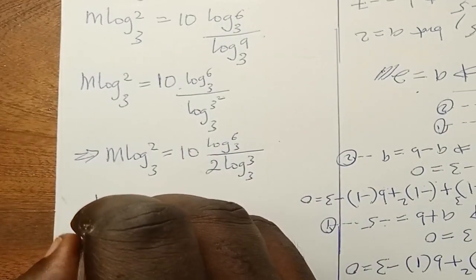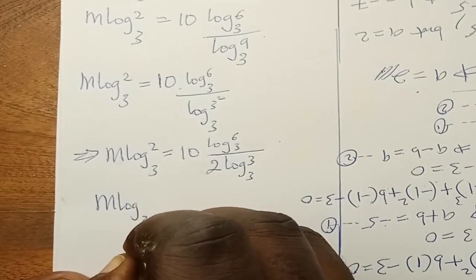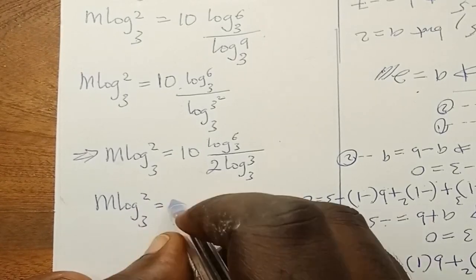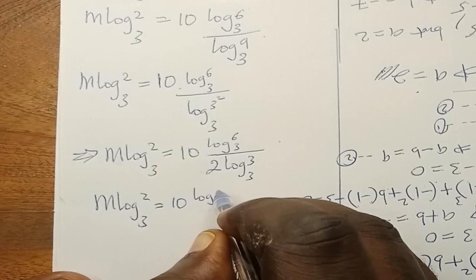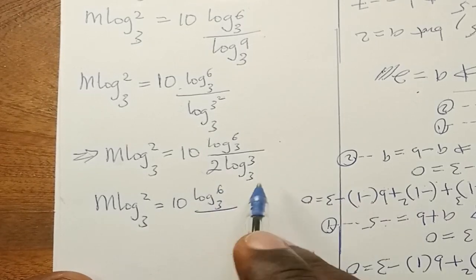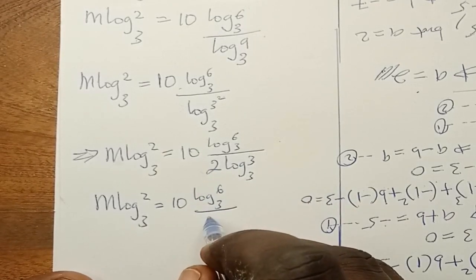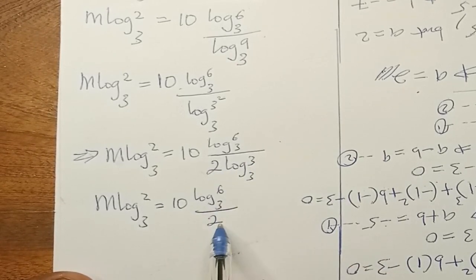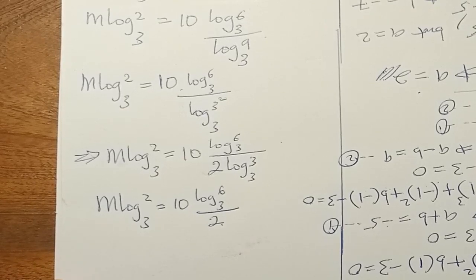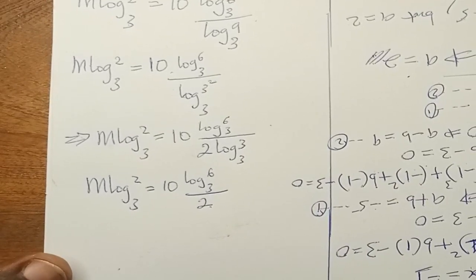So we have m log to the base of 3, 2 is equal to 10 log 3, 6 divided by 2, because log of 3, 3 is 1 and 2 times 1 is 2. So we have this now. And now we have this expression.